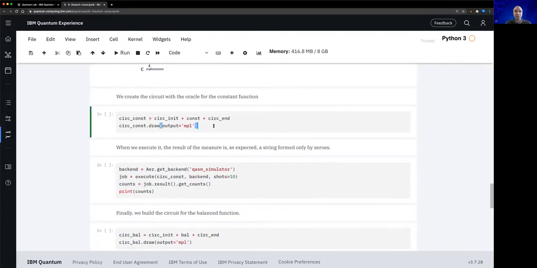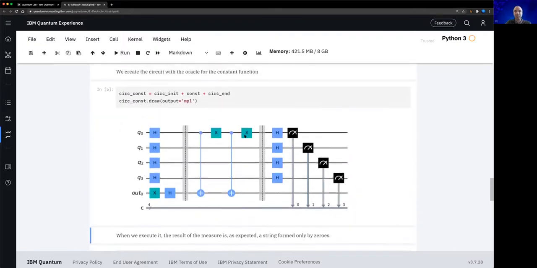Now what I'm going to do is to create a complete circuit from the initial part, the oracle, and the final part that we have created separately. First I do this with the constant function, and you see here the final circuit.